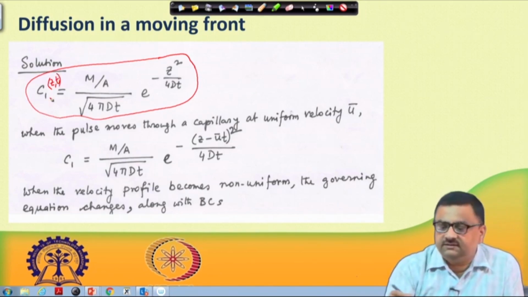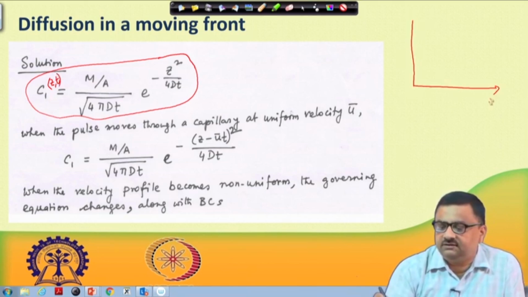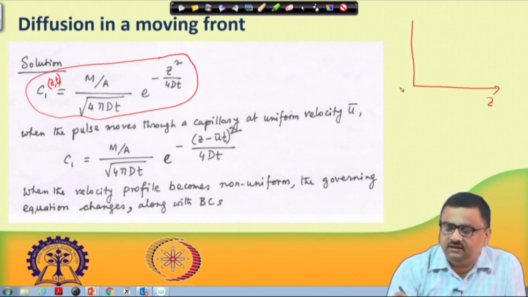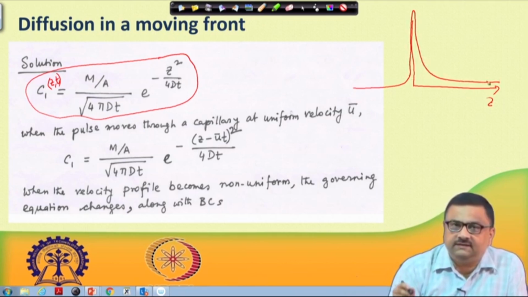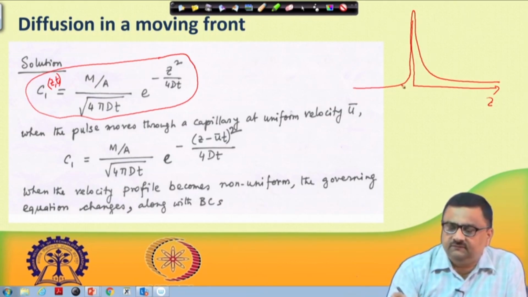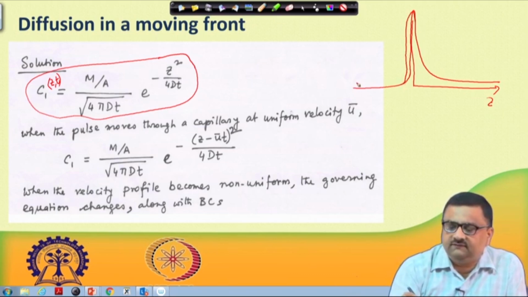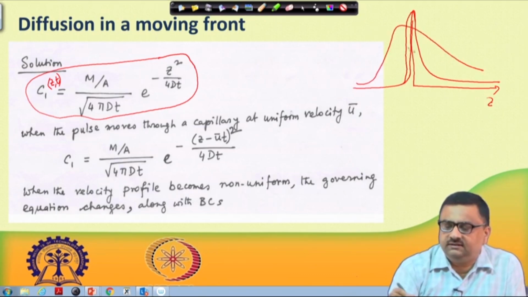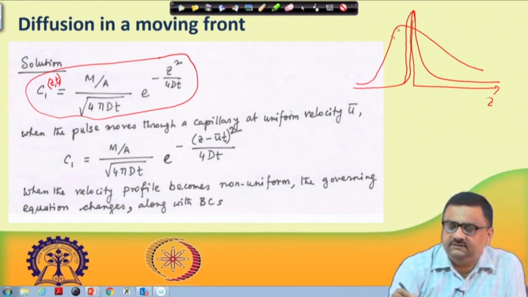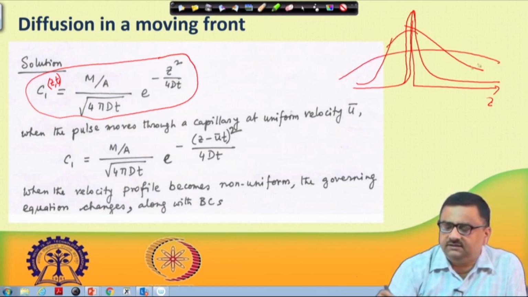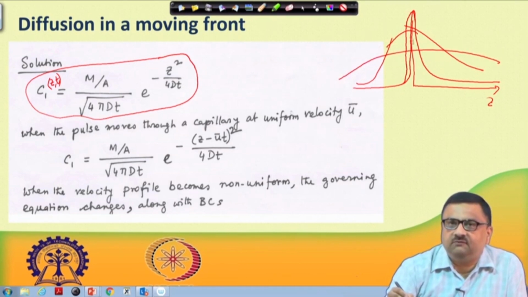Suppose this is my concentration as a function of Z, a one dimensional problem, and we have a Dirac function placed inside a beaker full of water. This Dirac function will gradually take a shape like this. That means this pulse that I have provided is gradually spreading out with time.